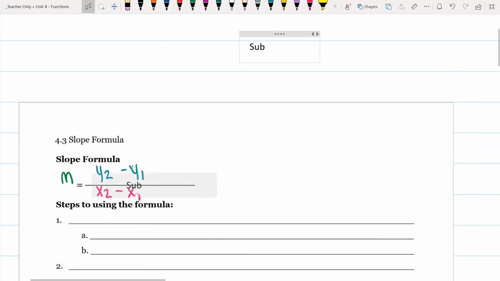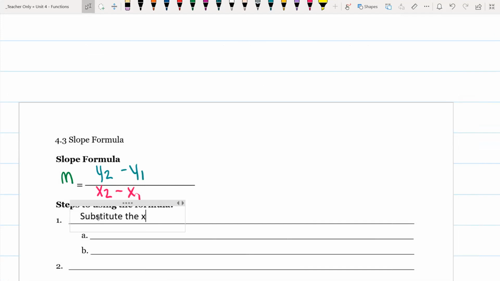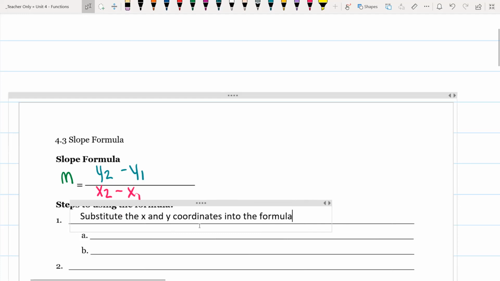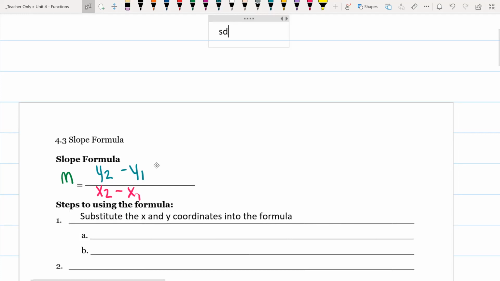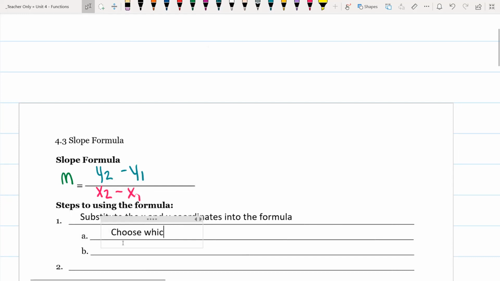Okay, so we want to substitute the x and y coordinates into the formula. When we do that, it doesn't matter which ordered pair we choose to put first.